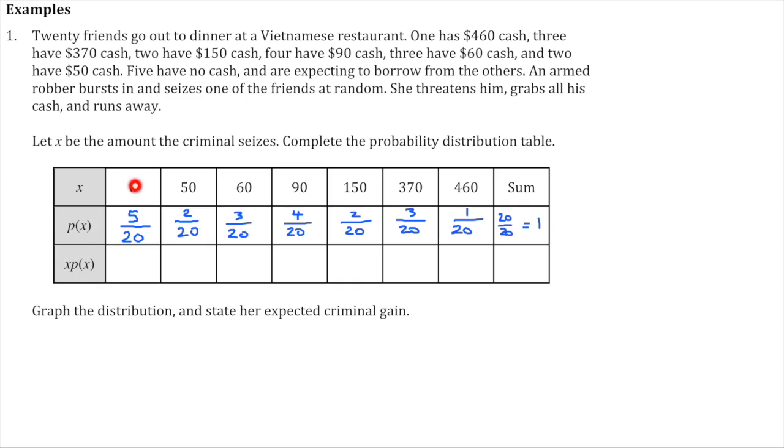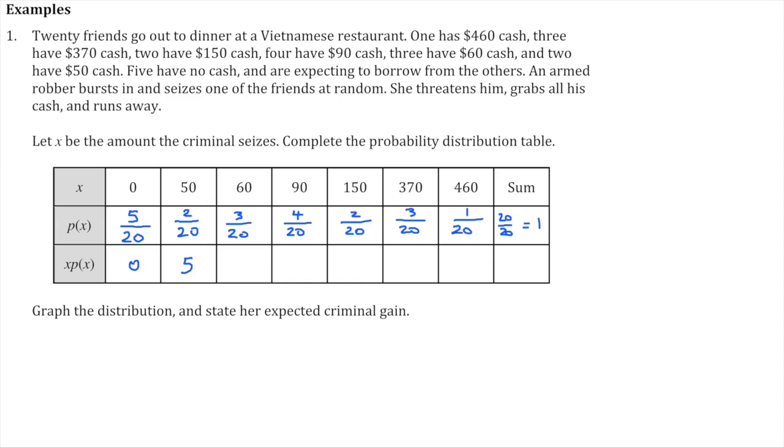So you take the X value and times it by the probability of that occurring. So $0, you got 5 chances out of 20 of getting someone with $0. We times those two together and we get 0. For the next one, $50, you got 2 chances out of 20 of getting a $50 person. $50 times 2 out of 20 will cancel down to 5.